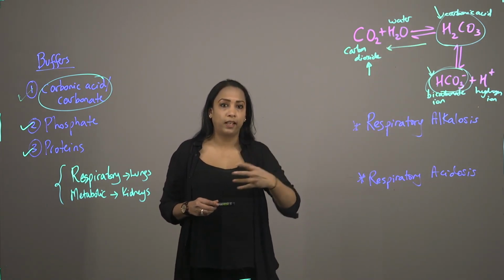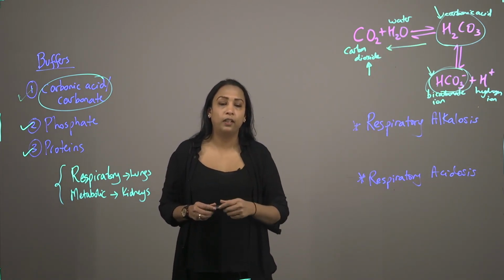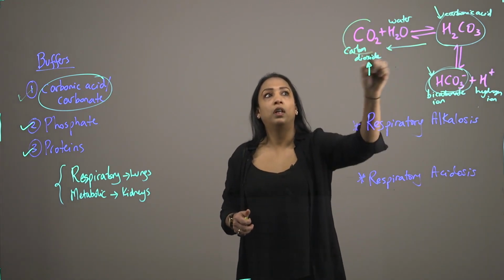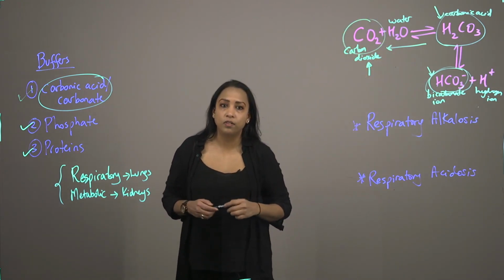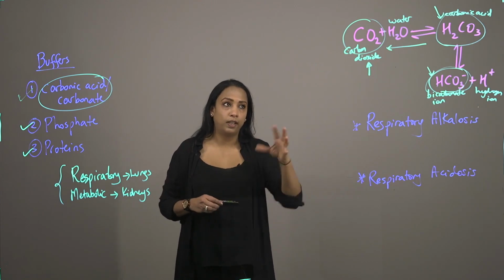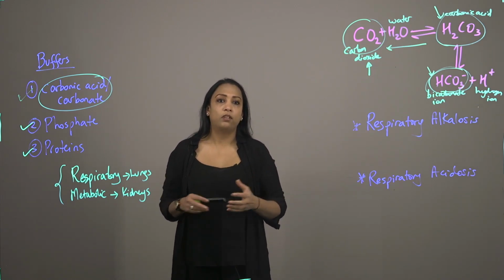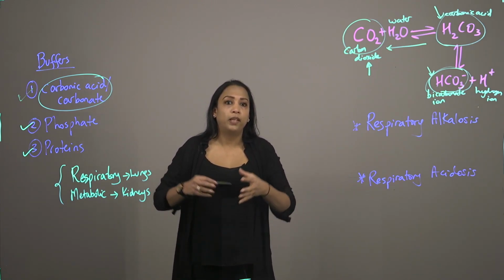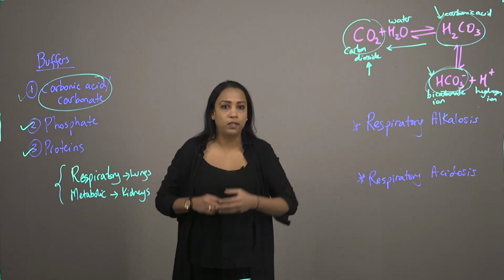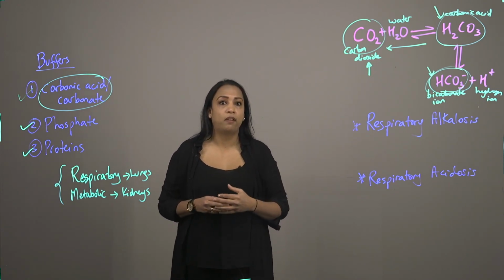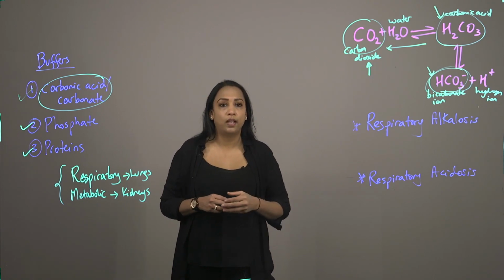Because we're exhaling so frequently, we're actually going to decrease the concentration of carbon dioxide in this equilibrium. Now, based on Le Chatelier's principle, if we impose a change on a system, the system is going to move in such a direction to oppose that change.